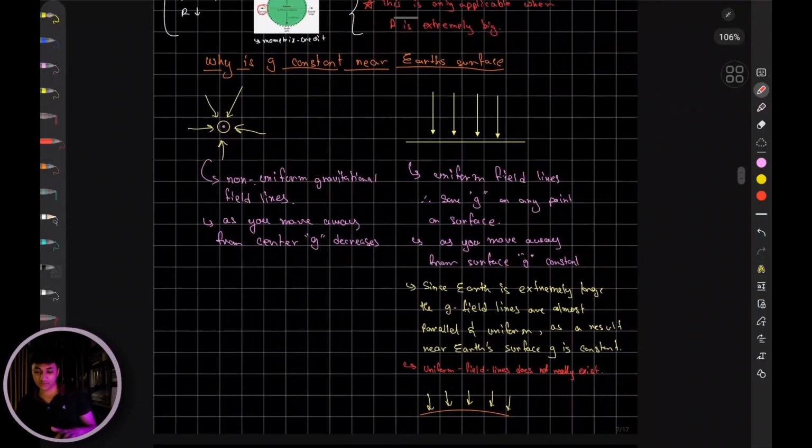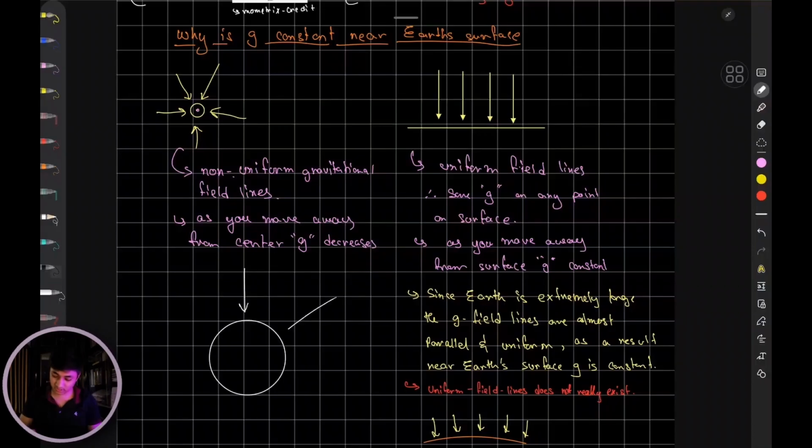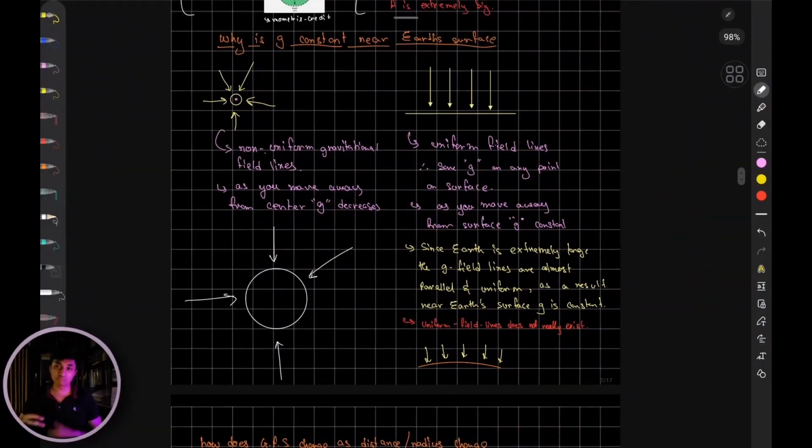Great. Now the other thing, I've partly already explained this, but the question is, why is g, gravity, constant near the surface of Earth? Now if you look at this diagram, consider this to be Earth. Notice if you're really far away from Earth, the Earth would look like a normal round sphere, right?